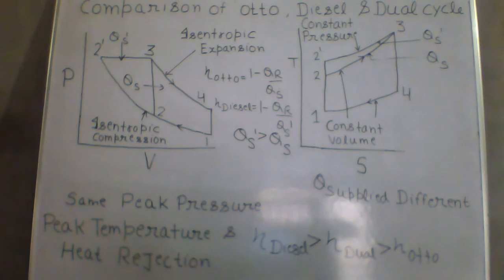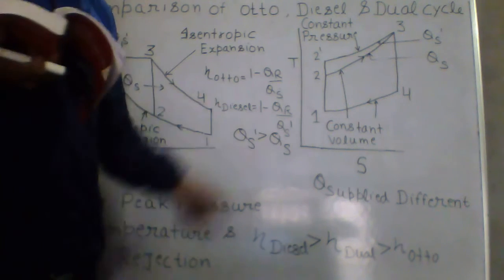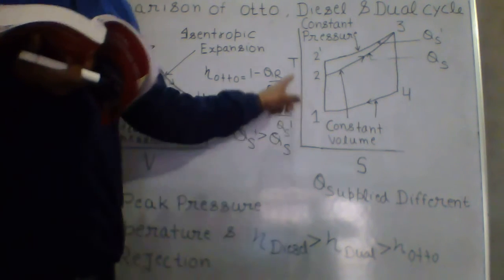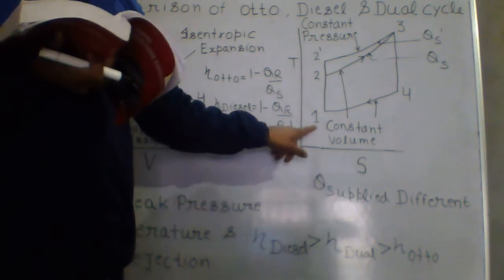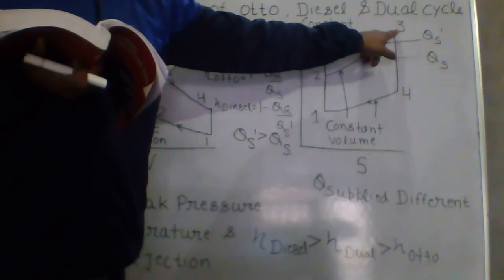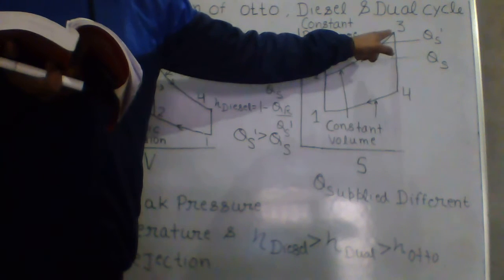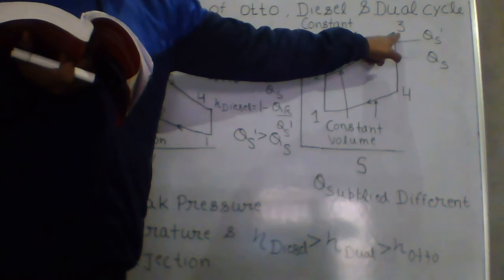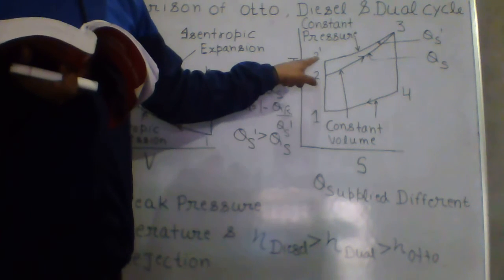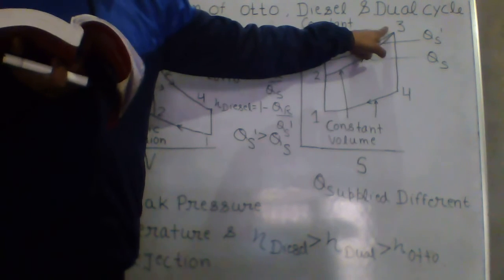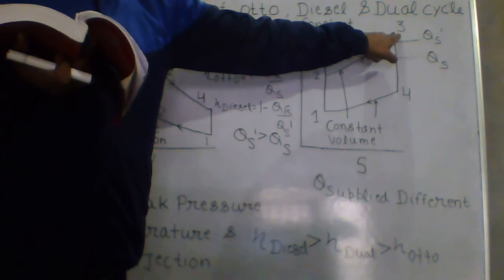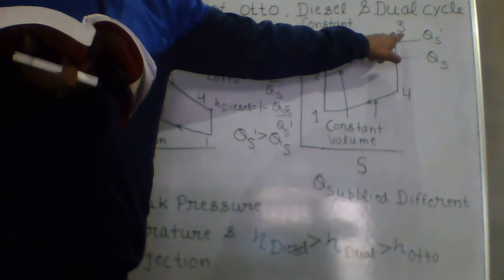Now come to the second point, peak temperature. Same peak temperature, you can see in the temperature entropy diagram. After heat addition from 2 to 3, 3 is the maximum temperature in the cycle. In the diesel cycle, 2 dash to 3 is your heat addition. So point 3 is the maximum temperature achieved in the diesel cycle.